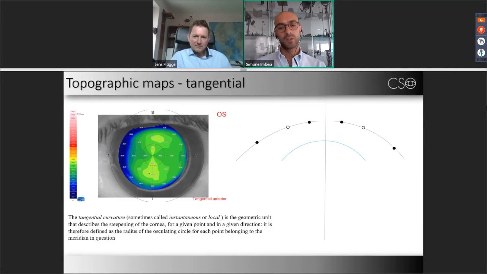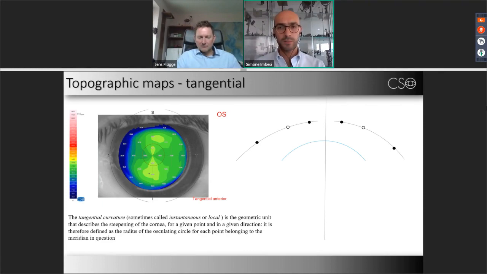And the answer of manufacturers to these papers was the development of a totally new algorithm to reconstruct not just the curvature, but even to describe elevation and refractive power of a cornea.